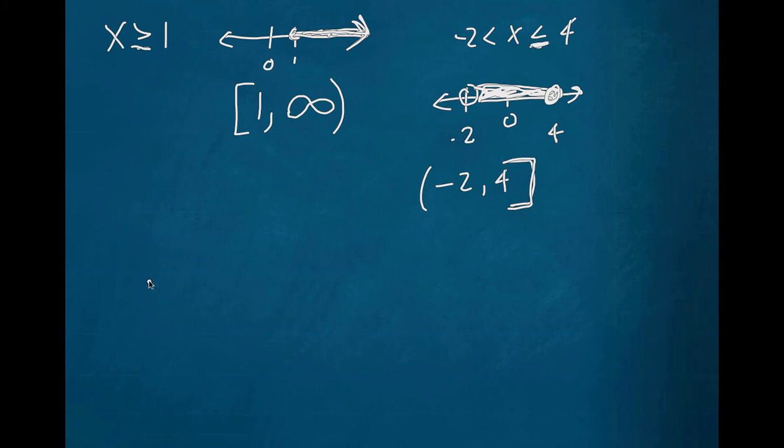Now let's look at a case where we have what's called a disjoint couple of sets. Let's suppose that we have here minus 1 with a filled in dot, and then it extends out to the left to infinity like this. And then we have an interval here that goes from, let's say, 2 with a closed dot up to infinity.